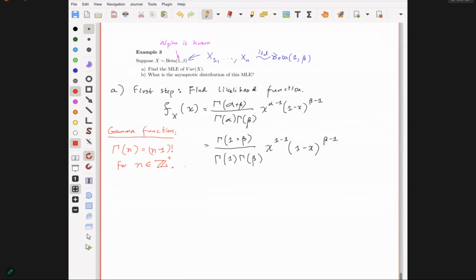And the other property we use is that gamma of z plus 1 is equal to z times gamma of z for any z, in fact, any z in the complex numbers. So that's a very broad formula. But these are the two things that we apply here. And what does that give us?